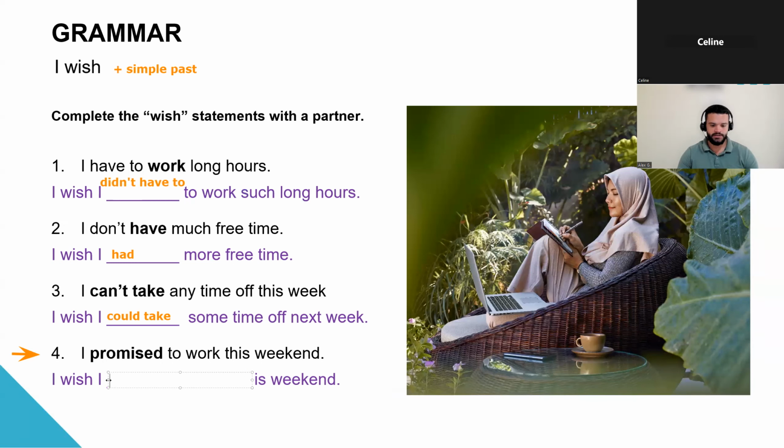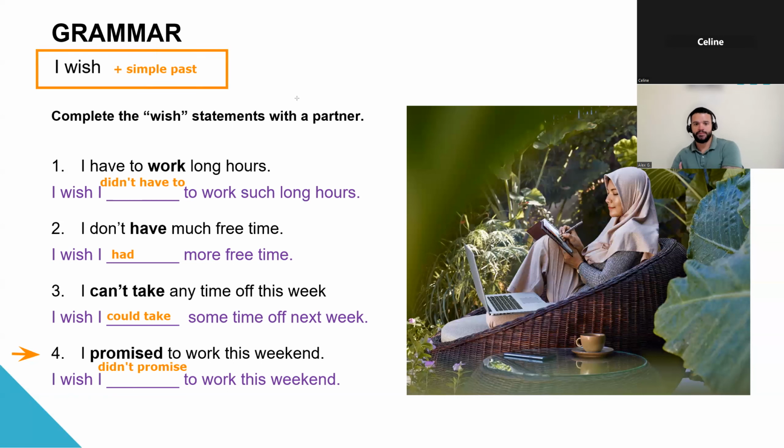I wish I didn't promise to work this weekend. So this one is kind of easy, Celine. Just remember, it's always going to be I wish plus the simple past, okay? Any questions? No, teacher.